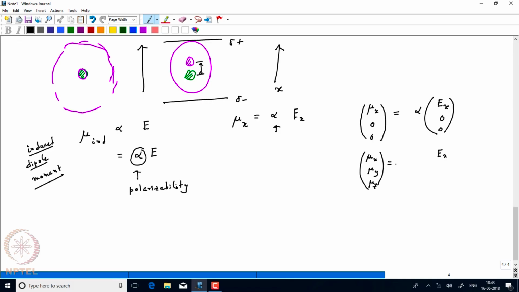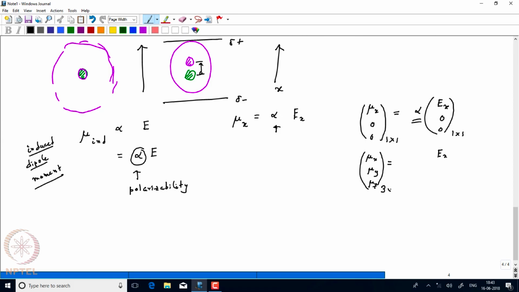And in the simple case, as you can see, this is basically a one row, one column kind of matrix, and so that is why alpha is just a number.